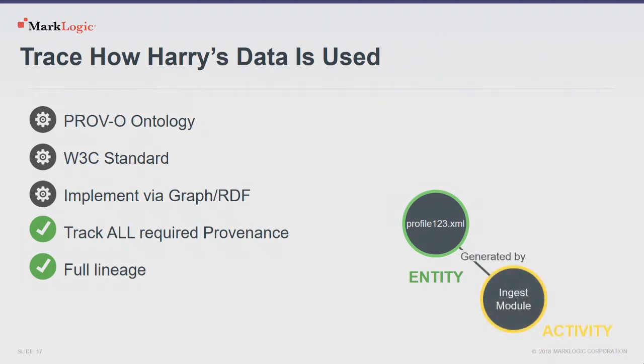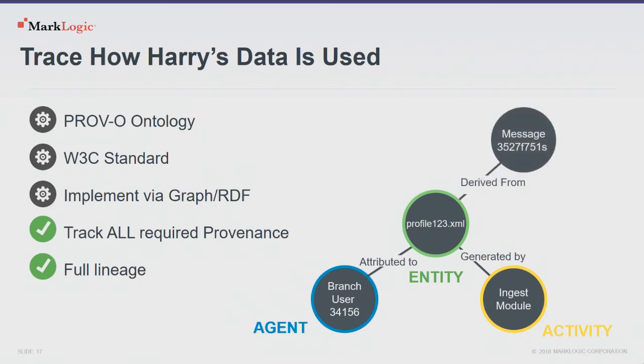So let's take an example. We have profile123.xml, which happens to be Harry's profile. Okay? It is generated by the ingest module in MarkLogic, and it was attributed to branch user 34156, which was the user at the branch who created Harry's profile when he first created his account. Okay?